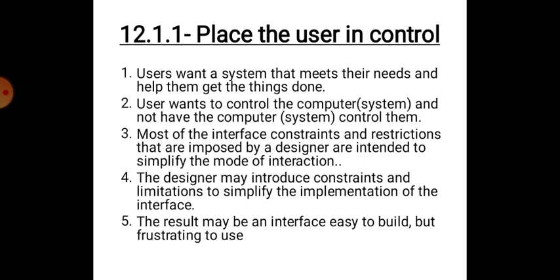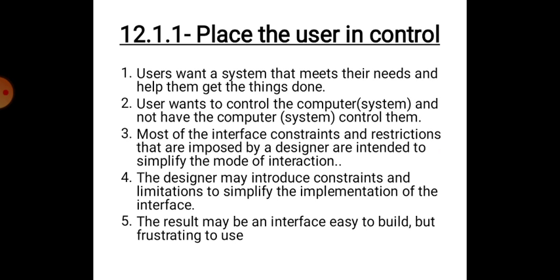First, place the user in control. 1. Users want a system that meets their needs and helps them get things done. Point number 2. Users want to control the computer system and not have the computer or system control them. Point number 3.